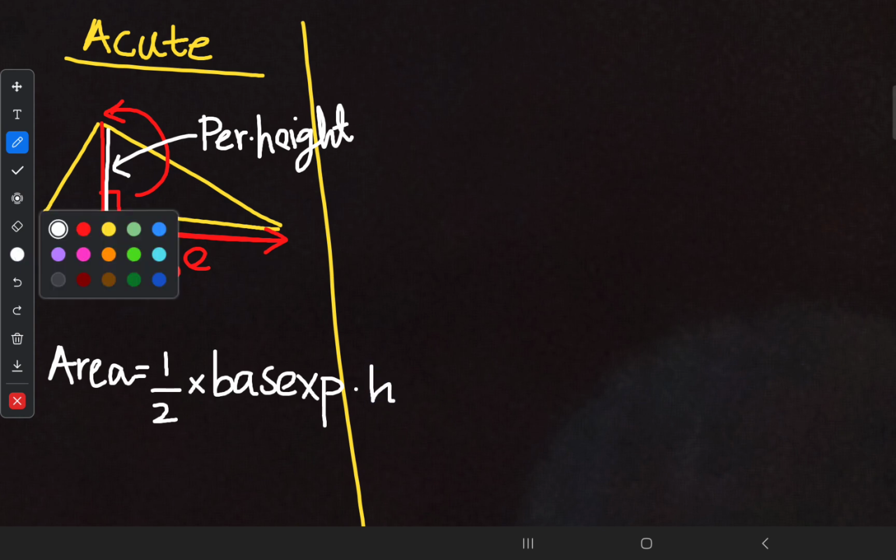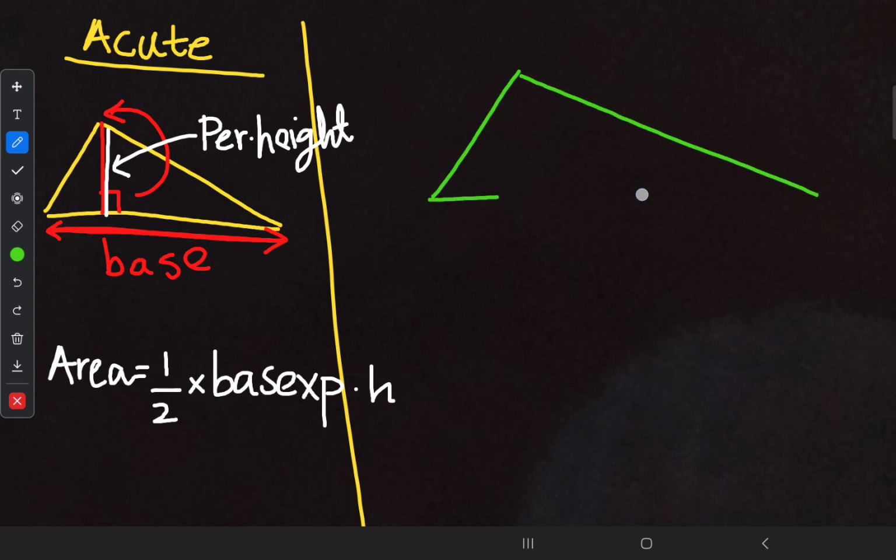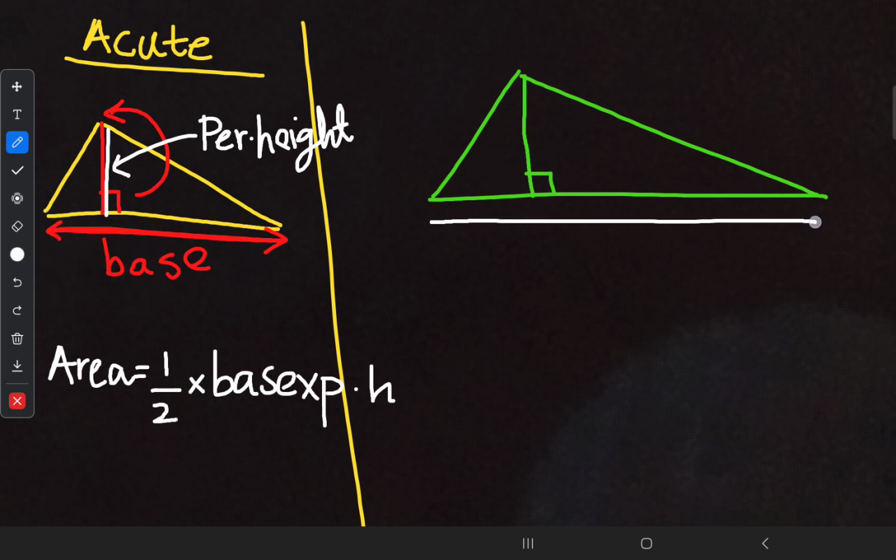Let's do an example. I'll use this acute triangle and indicate the perpendicular height, which in acute cases should be located inside the triangle.